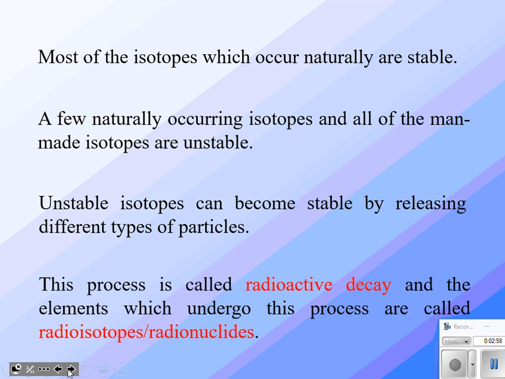That process is what we call radioactive decay. And the elements that are doing that are what we call radioisotopes. I also put radionuclides there, or excuse me, nuclides. But most of the time, when I see this, I see it in the form of radioisotopes being the names for those.